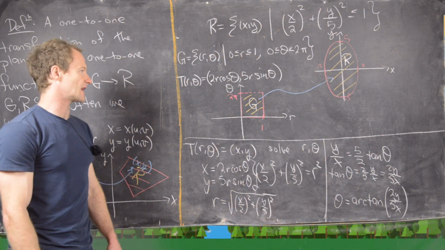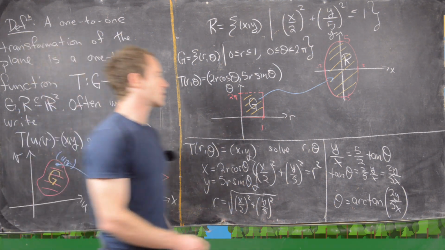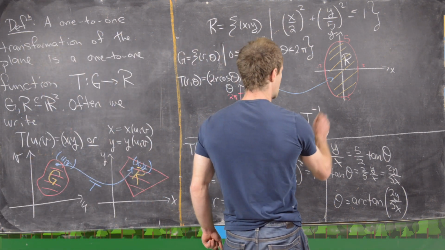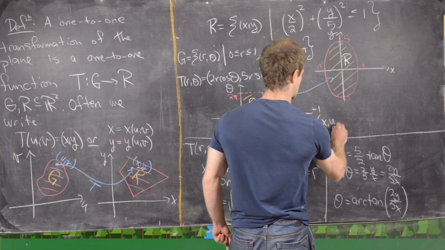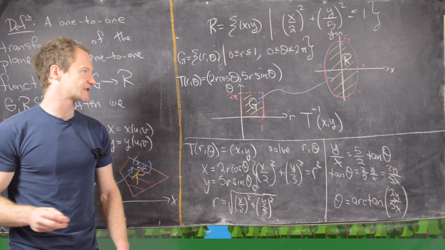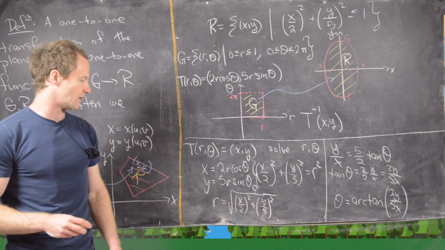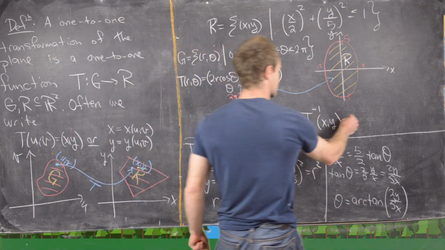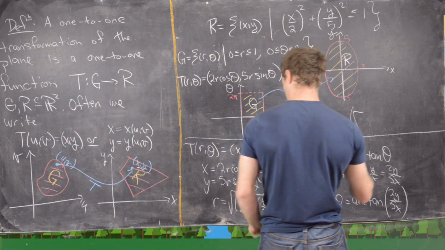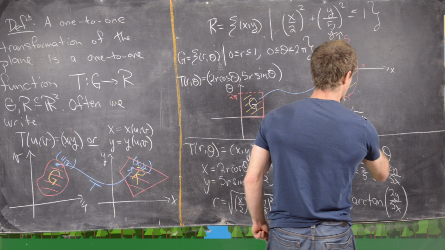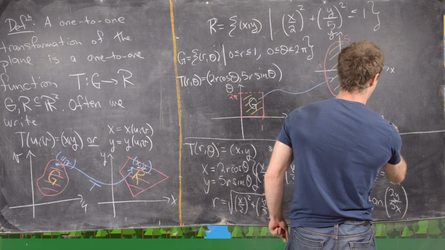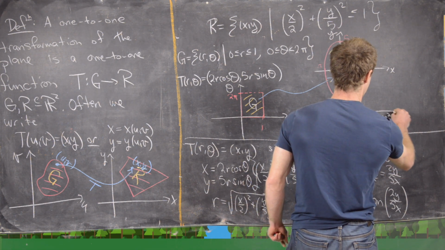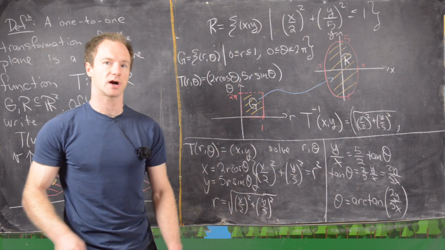So we've got something like that going on, which means we can go ahead here and write our inverse transformation, which in terms of x, y. So remember, the output of that would be r, theta. So that's going to give us the square root of (x over 2) quantity squared plus (y over 5) quantity squared, comma, and then the arctan.